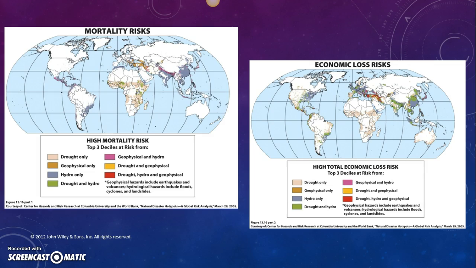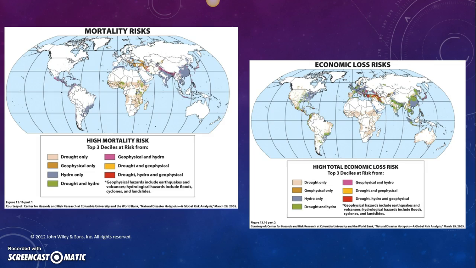Then we've got some geophysical issues, and now we're looking at the Middle East, a little north of Saudi Arabia. Hydrology issues, and these are flooding and the like. Drought and hydrology issues, so extreme flooding or extreme drought, and there's some areas in Africa.